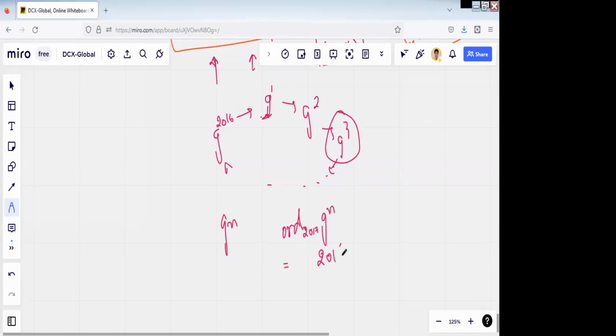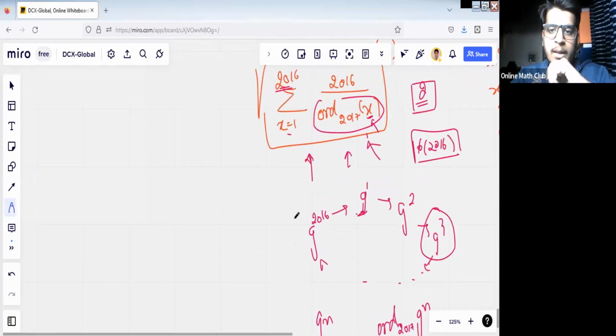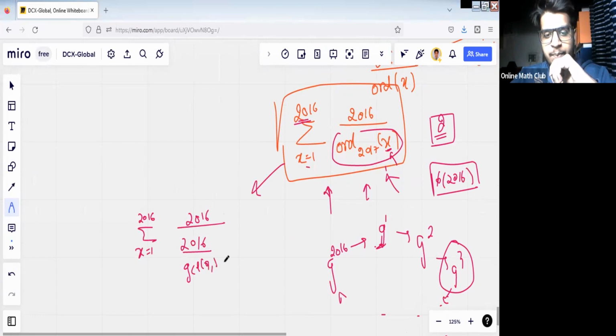It is 2016 divided by gcd of n and 2016. So essentially, this sum becomes the sum over x from 1 to 2016 of 2016 divided by gcd of x and 2016, right?